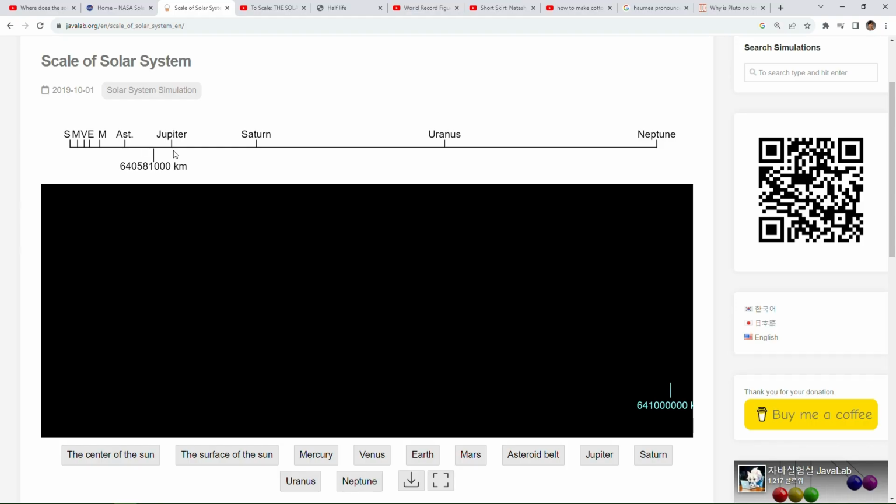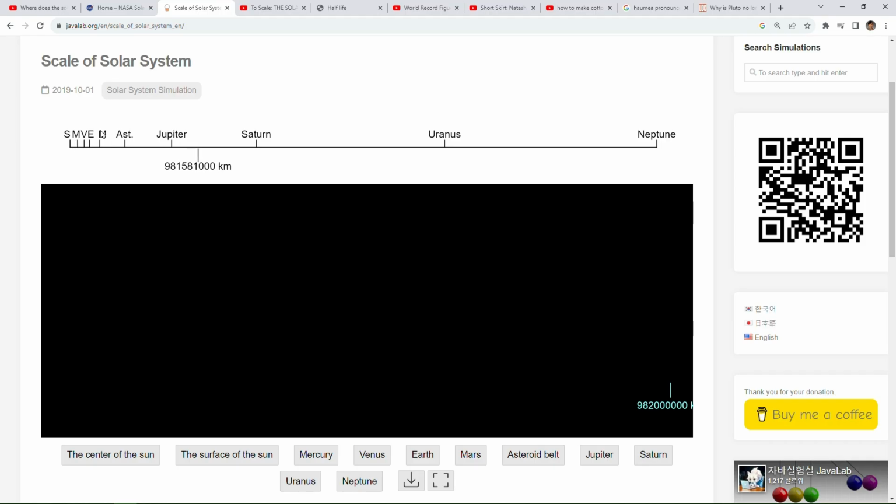Remember, as we also mentioned, the outer Jovian planets are large planets, right? So they're even further away from the sun. You can see the relative distance from the sun.